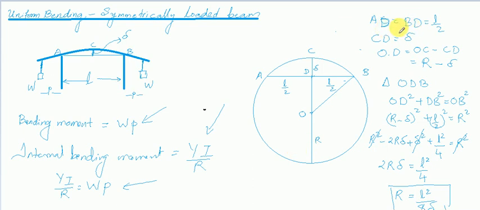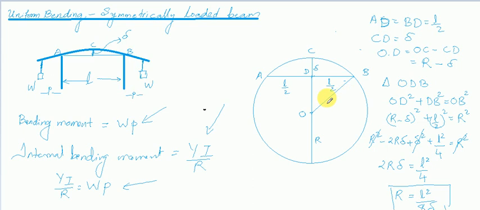Now AD equal to BD equal to L over 2, half the length, and CD is the deviation delta. OC is radius R. So what is OD? OD is OC minus CD, that is R minus delta.